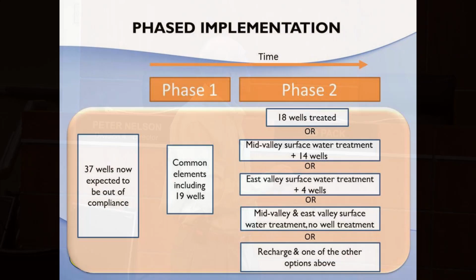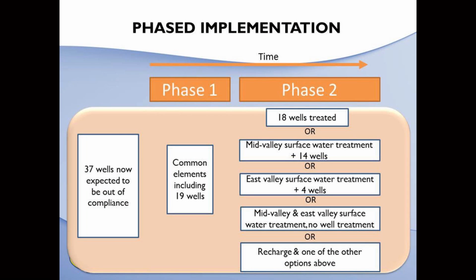We have, I think, 37 wells that require treatment immediately. 19 of those wells are common treatment amongst all the 5 options. So we're going to phase the project. Here are the 37 wells. Phase 1 are the common elements, including 19 wells.